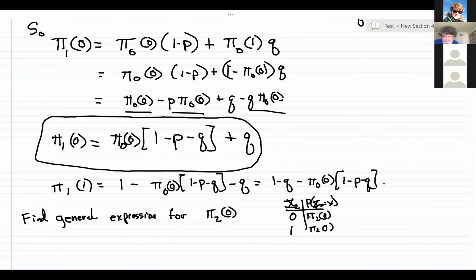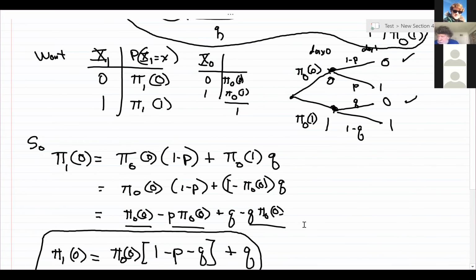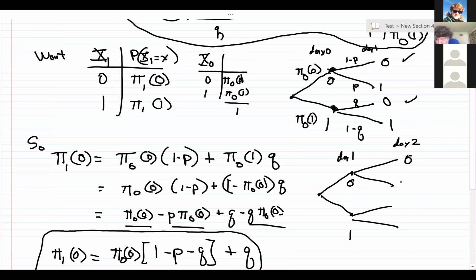All right. Well, we would do the same thing we did before up here. Let's make the tree. Here's where we are on day 1. On day 2, we're over here somewhere. On day 2, you're either broken or working in each of these places. The easier part is the transition probabilities.